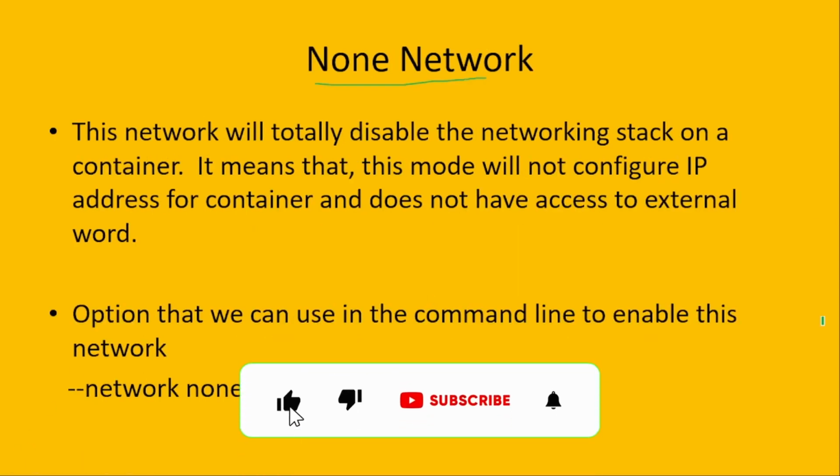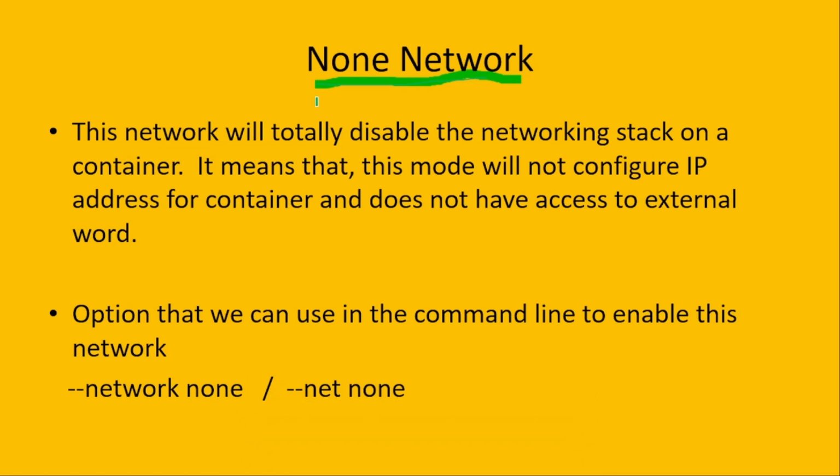Let's start with a very simple network driver, that is the none network. This network will totally disable the networking stack on a container. It means that this mode will not configure any IP address for the container. This is the reason it does not have access to the external world.